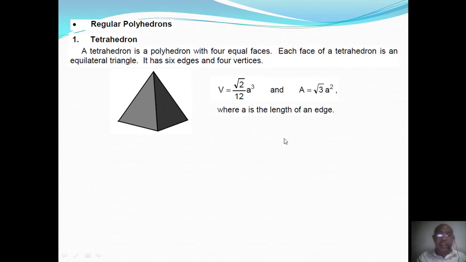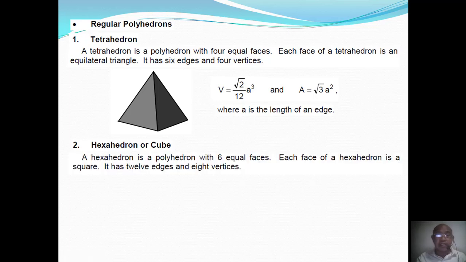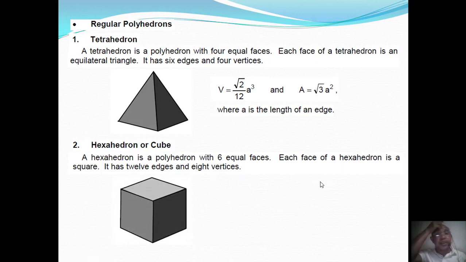Okay, so the second we have is the hexahedron or the cube. A hexahedron is a polyhedron with 6 equal faces, and each face of a hexahedron is a square. It has 12 edges and 8 vertices. So again, a hexahedron is simply a cube.